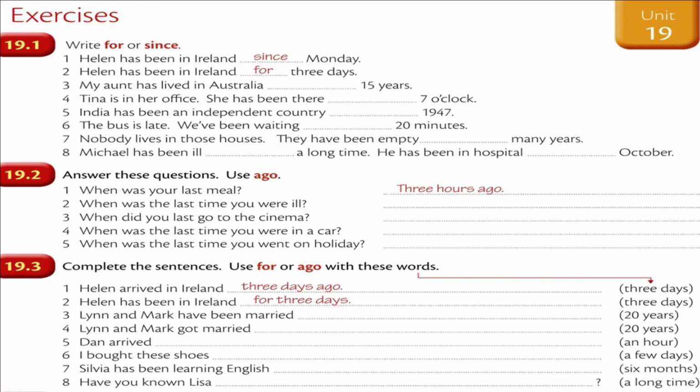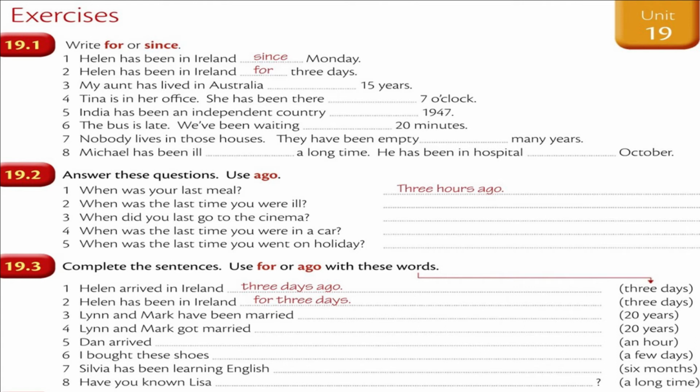Number 3. Lion and Mark have been married for 20 years. Here, for is being used with present perfect tense. Number 4. Lion and Mark got married 20 years ago. Here, ago is being used with past simple tense.